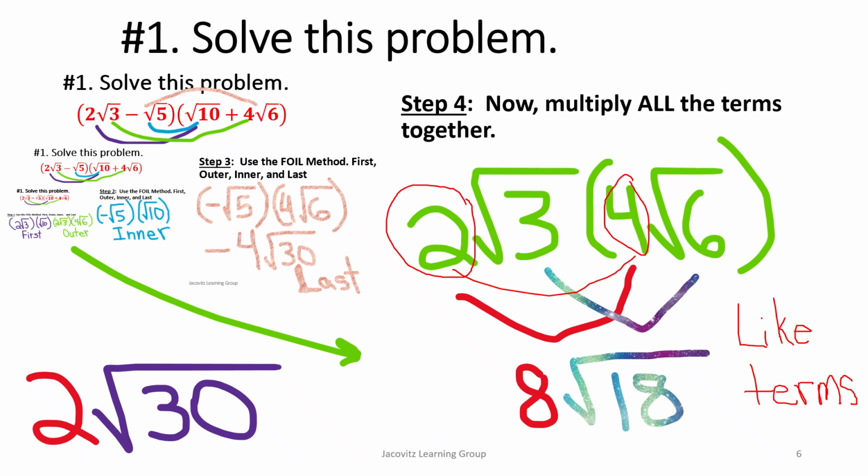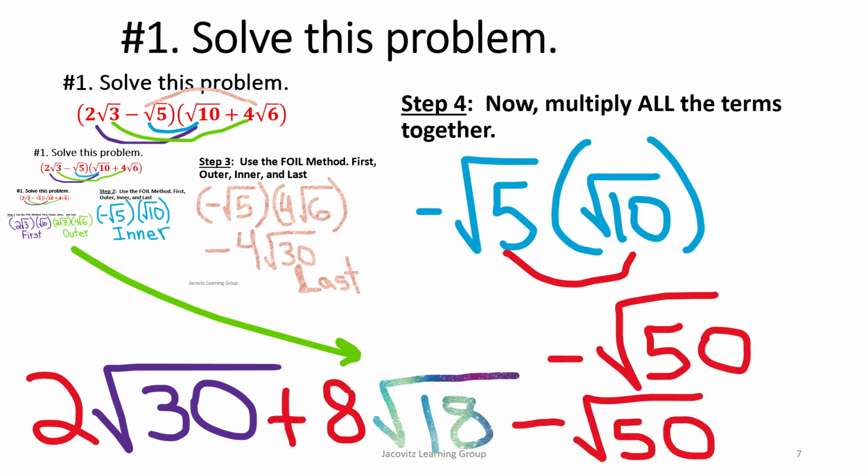You can do that, but you have to put it here, and then you'd have 3 times the square root of 2. That might work if you do that already, but I'm trying to keep this simple so we don't get confused. So this is the square root of 3 times square root of 6. Combine them together under one bracket. You have 3 times 6, and then you can do your least common multiples later. That's under the square root bracket. So that's your next term.